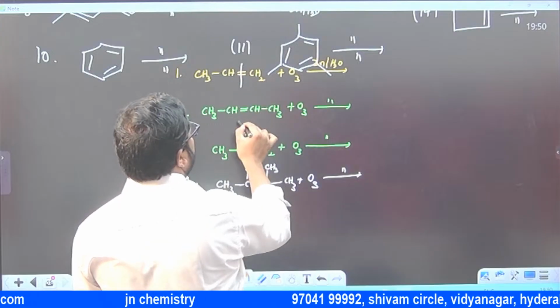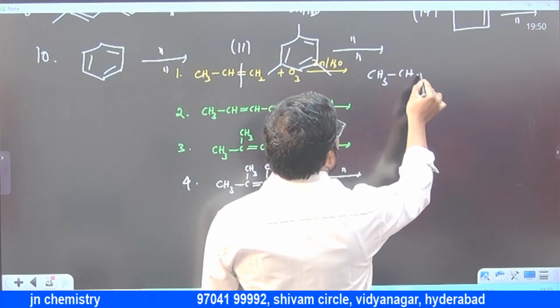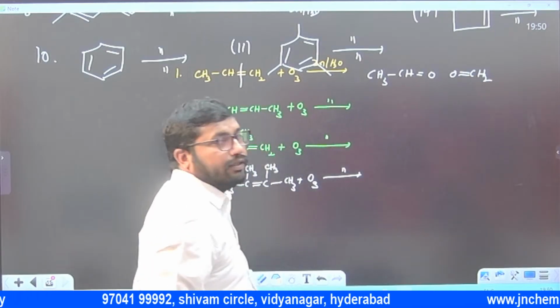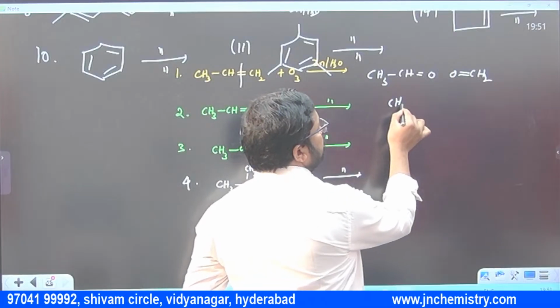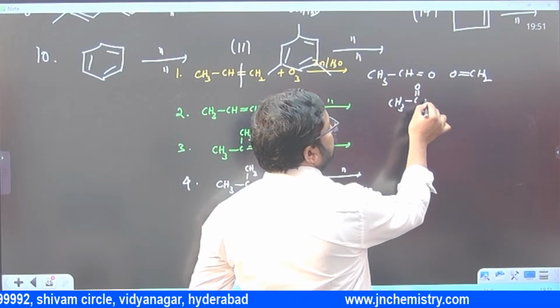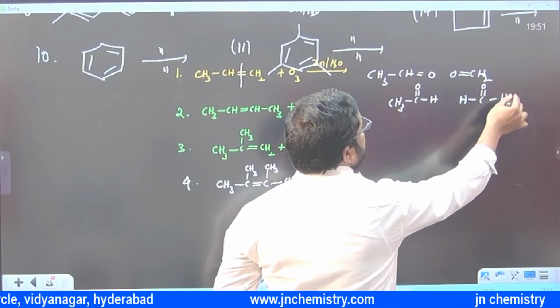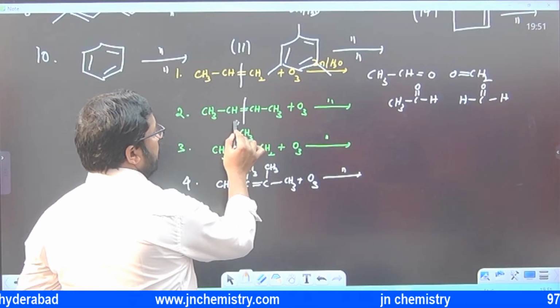Right. In the first step what happens: CH3 CH double bond O and CH2, nothing but, this is acetaldehyde, this is formaldehyde. CH3 C double bond O H, HC double bond O H. In this case, add oxygens on both sides.